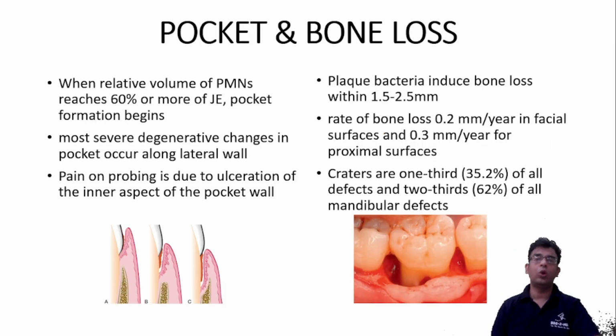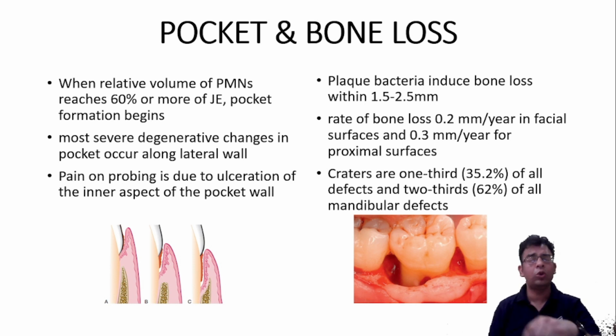Pockets and bone loss, very important, these chapters. And it's not like you can just go about it in a minute. Pocket, bone loss, TFO, they are all concept based questions. Concept based questions are asked in this, so you have to be very sure about what you study and how you approach the question.